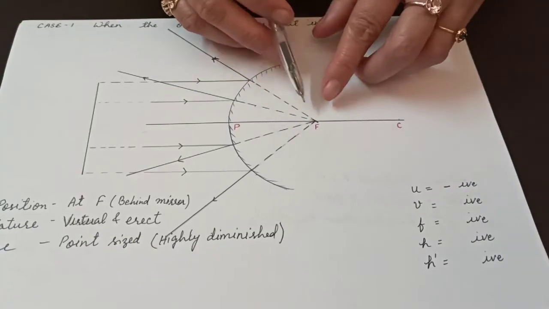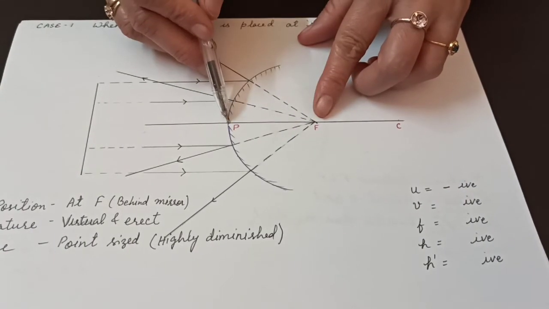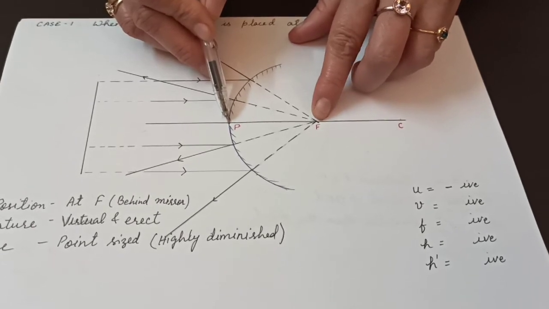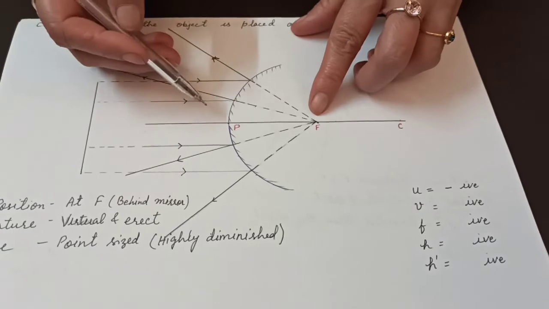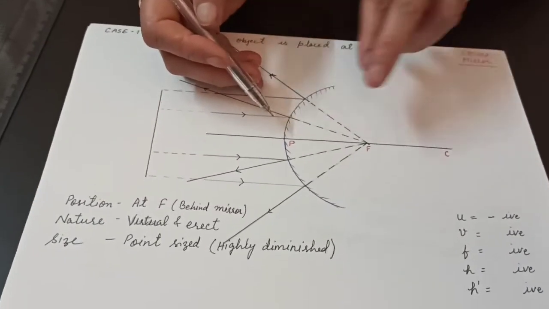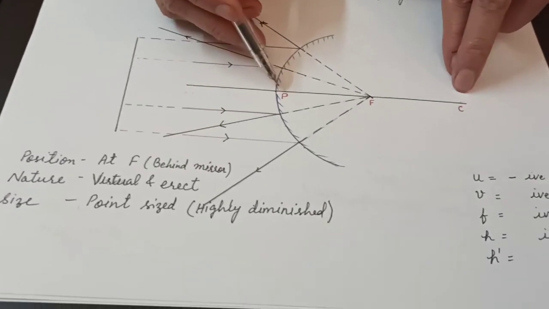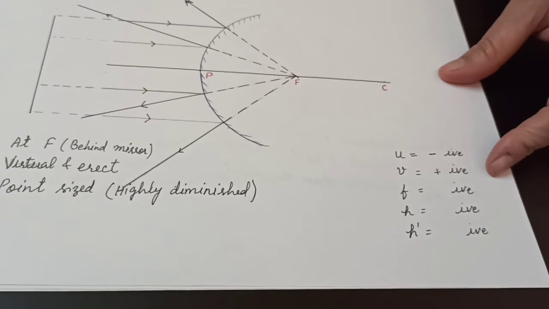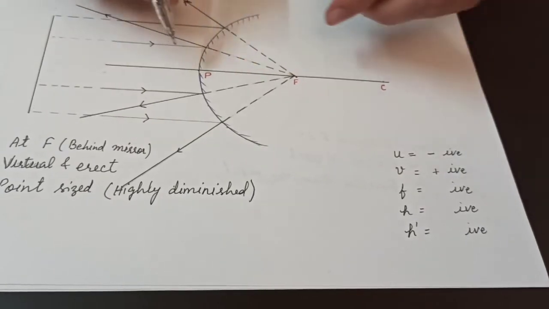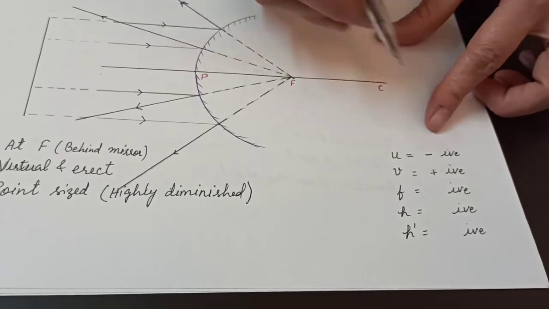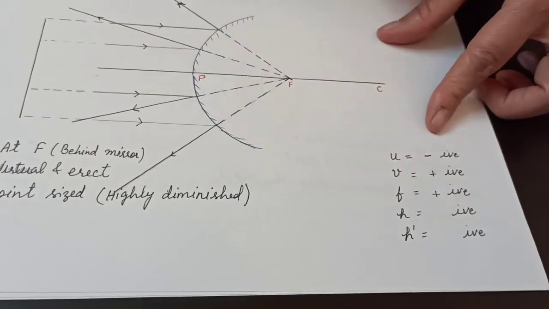V from pole to the image. Now point of image is this. So this distance we have taken in the direction of the incident ray, that is on the right hand side of the pole. So V in this case would be positive. Focal length from pole to focus, again in the right hand direction, so it would also be positive.